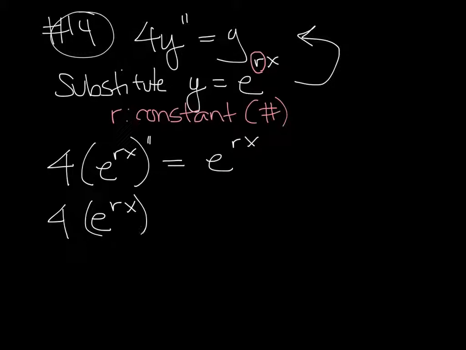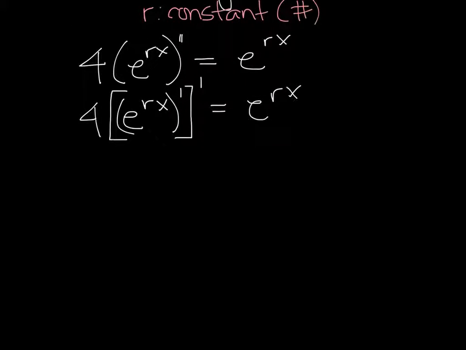I'm going to take the derivative, and then after the first derivative, I'm going to take the derivative again. And then there's no derivative on this side. So if we continue, 4, and again the derivative of this guy is e to the rx, right?